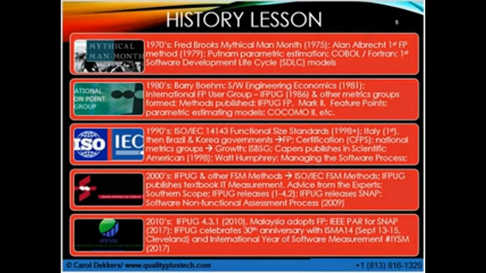IEC sets of standards on function points, software sizing, and other areas started to follow suit. Italy became one of the first countries that mandated that any software development going on in public administration or government had to use functional sizing or function points.